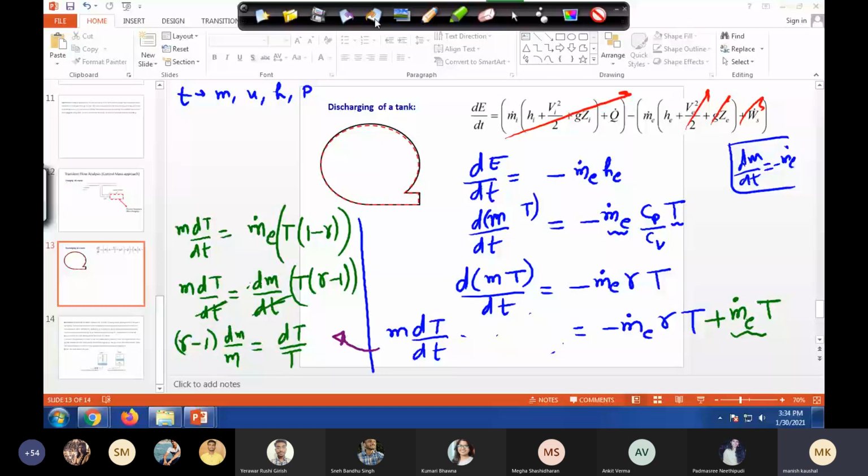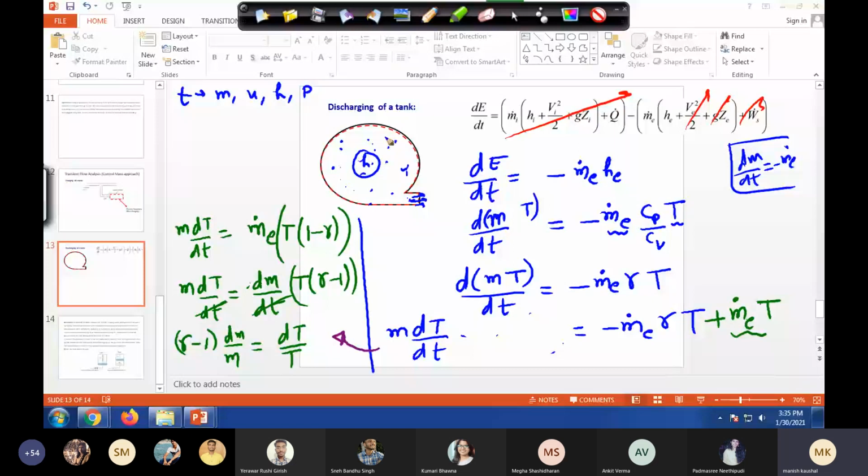Let's make it very clear. Whatever gas you have here, at any instant, that same gas is leaving, right? So, same H is everywhere. All the gas properties are the same at a given instant, either it's exiting or it's sitting here, anywhere in this CV.